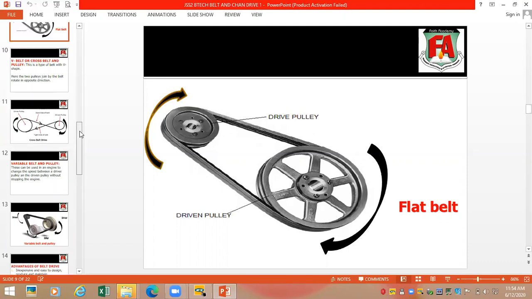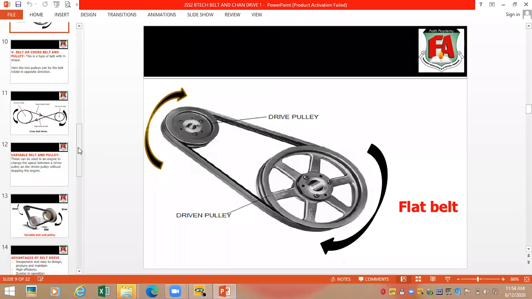That is to say, either the driver or the drive is the same name. Both the driver pulley and the driven pulley are moving in the same direction.